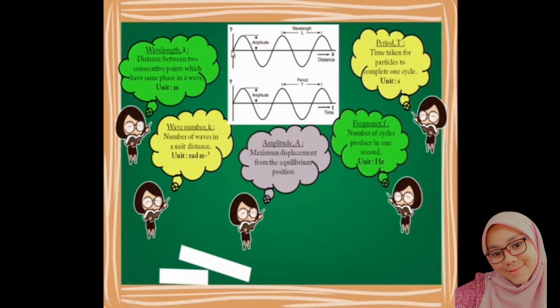Okay, so from the initial position or equilibrium, y is equal to 0 until y is equal to the maximum. Next, frequency. Frequency is the number of cycles produced in 1 second. And the unit of frequency is hertz. This frequency, you can find it from the formula later I show you. And period. Period is the time taken for particles to complete 1 cycle.